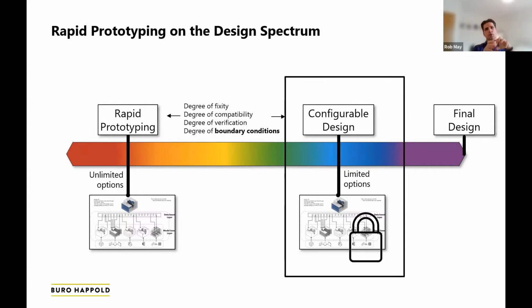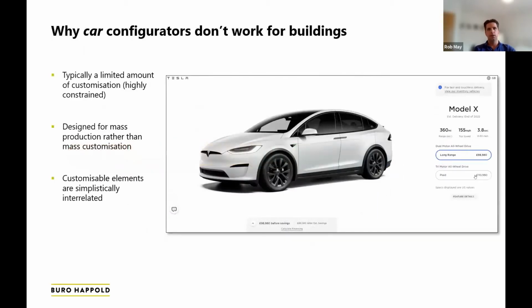Once you've got through that process of having an infinite number of rapid prototyping prototypes, and you've reduced down the number of options, you might change the connections, the floor finish types, or the color of aspects of it, and you end up with something that is more like a configurable design than an unlimited number of options, thereby only having a few options that you can configure.